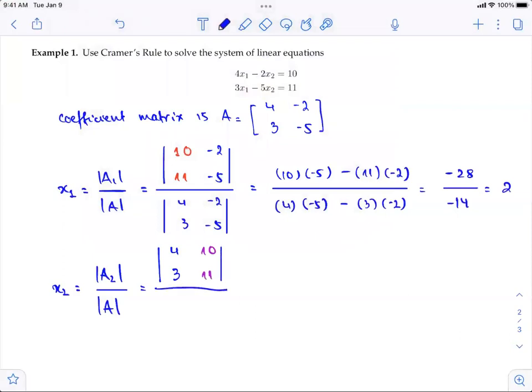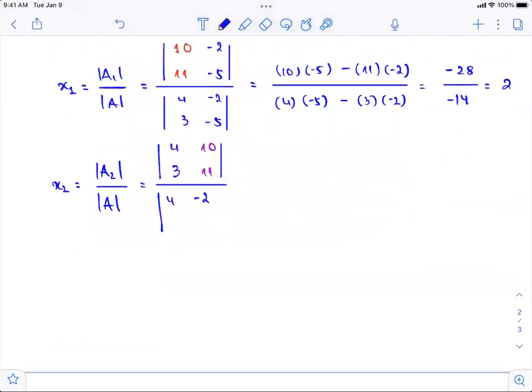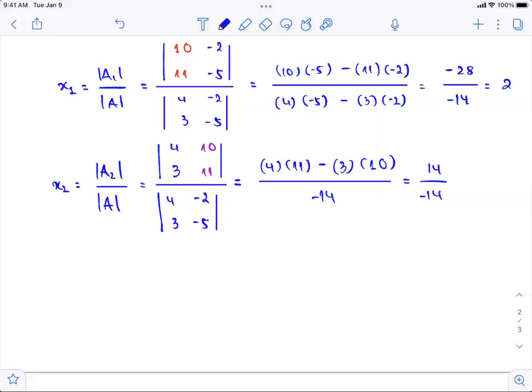You divide it by the determinant of the coefficient matrix, -2, 3, -5. This is equal to 4 times 11 minus 3 times 10 over the determinant of A, which we already calculated as -14. The numerator becomes +14, and divided by -14, you have -1.